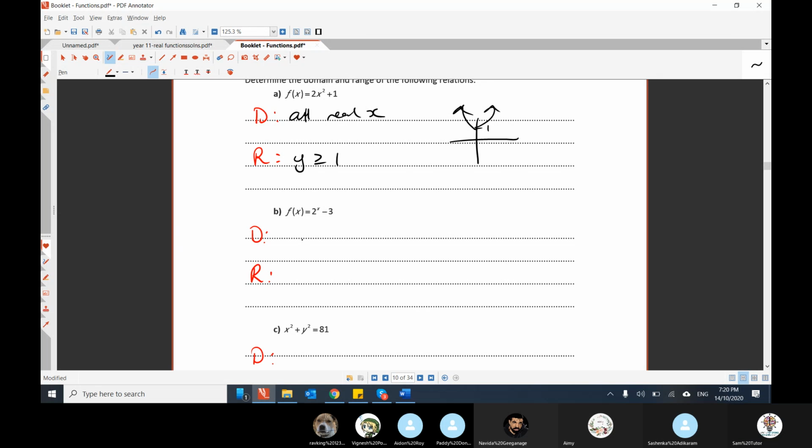Domain. Again, it can be you. Anyone? I got for domain all real x, and for range y is greater than -3. Greater than.